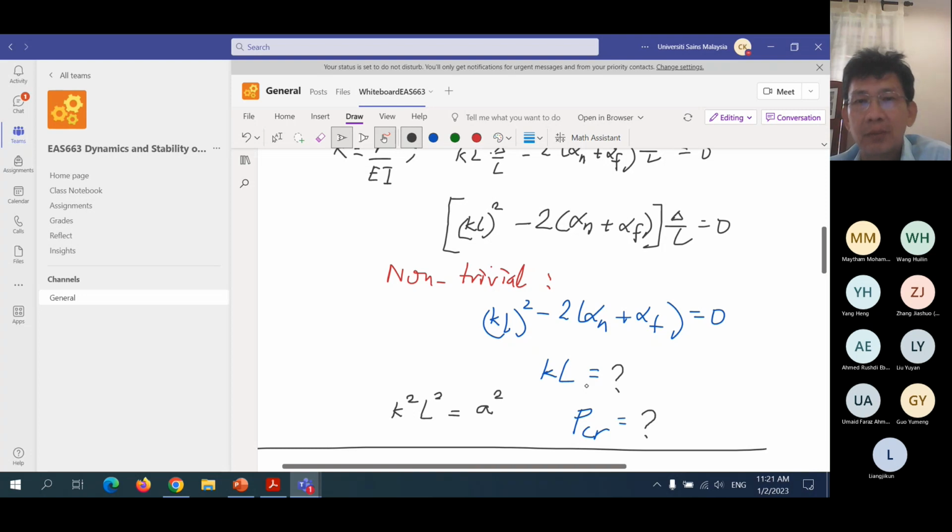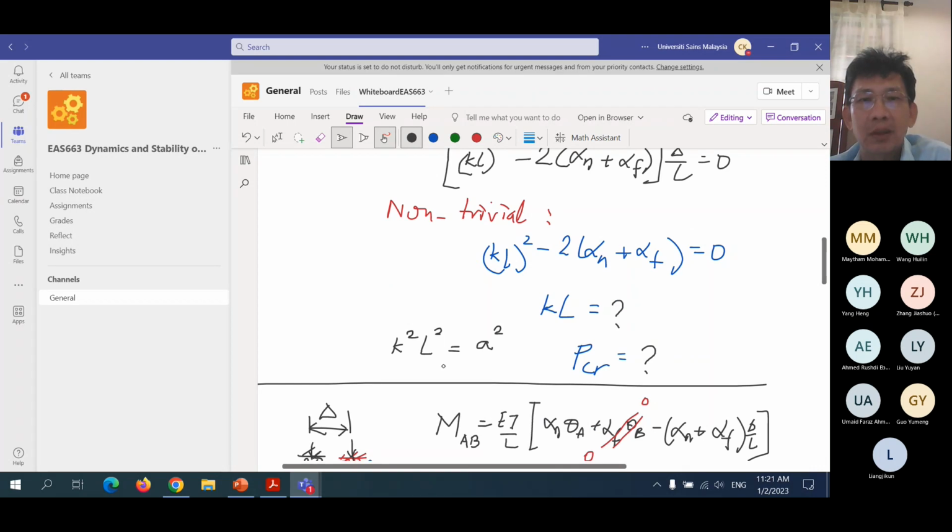For example, KL is equal to A, then K square L square is equal to A square. And then remember what is K square? K square is P over EI, times L square, is equal to the solution that you get. For example, we use a symbol A to represent it. So from here, we can get P critical is equal to A square EI over L square.